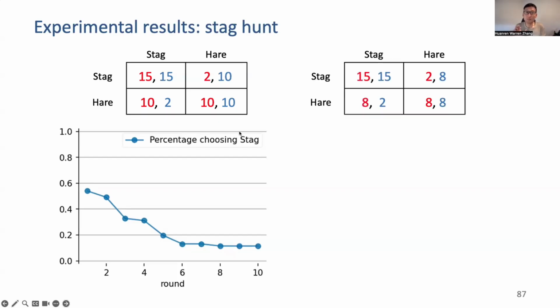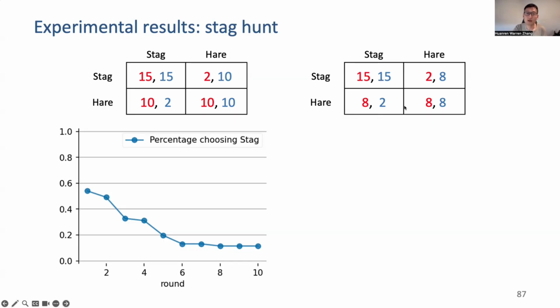But let's look at another game. The difference here is that the gains from choosing hare will be greater in the second game. In the past, you could increase your payout by 50%. Now you increase your payout by almost 100%, 90% to 100%, right?